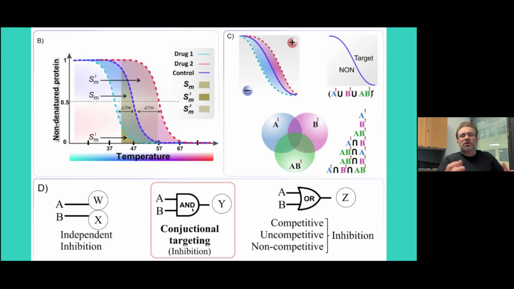So if you have two drugs or two compounds, and some targets are only targeted in the case of combination, then it means there is AND gate behavior in targeting some proteins.